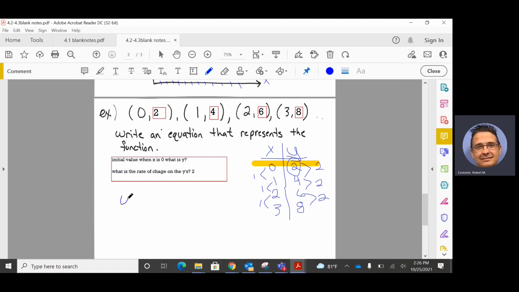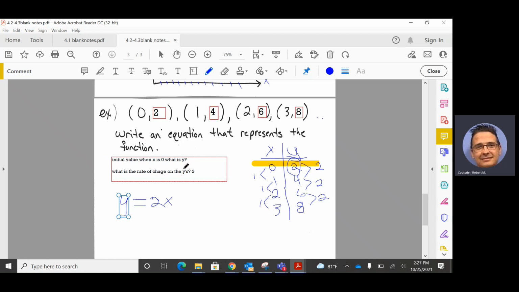So we have y is going to be equal to, well, what is this change of x? We need the changes that are happening. The x is changing by 1, and your y's are changing by 2, so we need that 2. We do 2x.